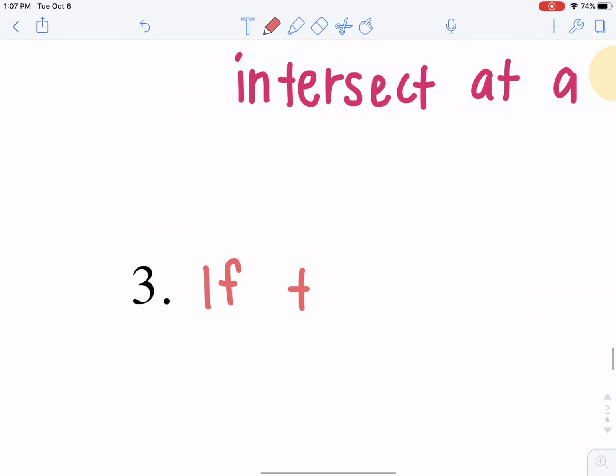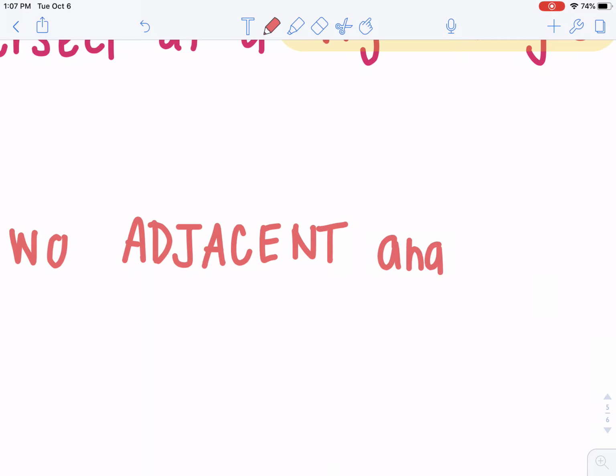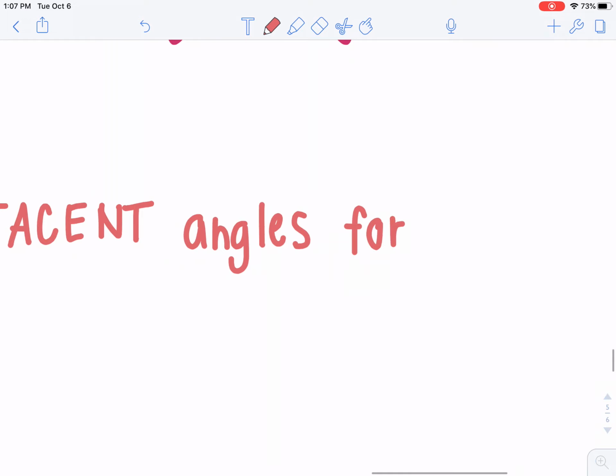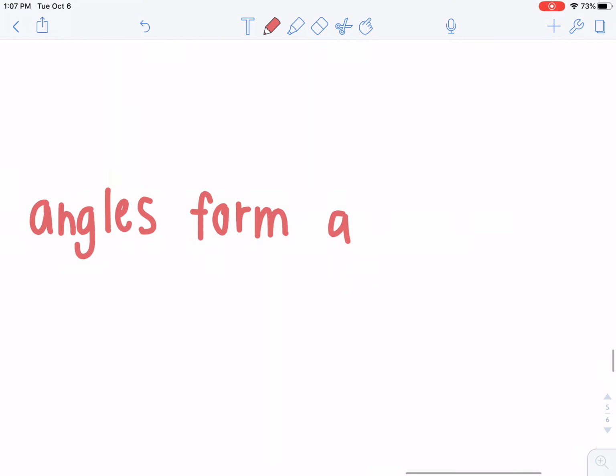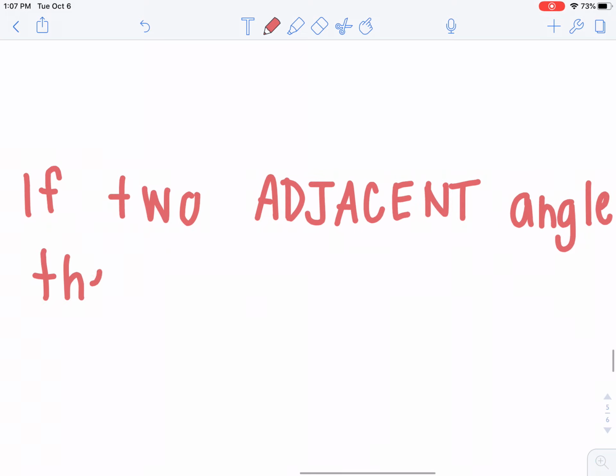So if two, and then our favorite word, adjacent, angles form a right angle, then they are complementary.